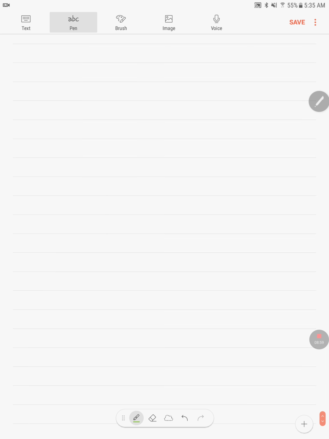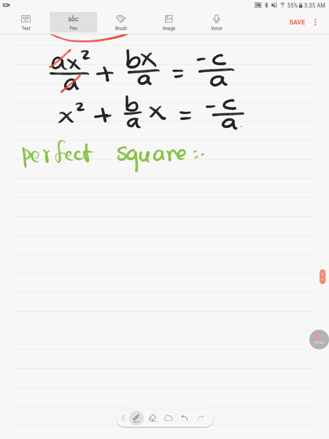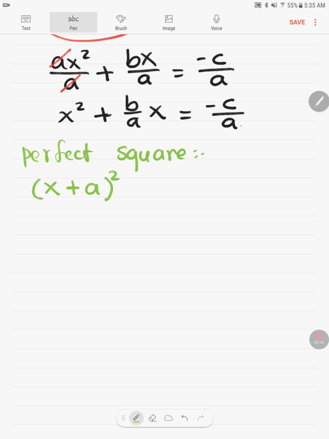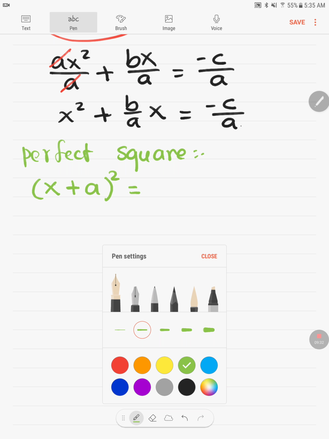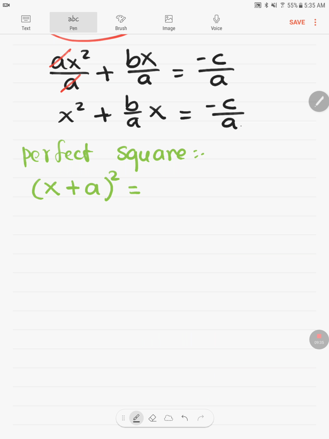A perfect square is a square of the following form: x plus a all squared is, if we multiply this out, it will be, okay, if we separate it first.